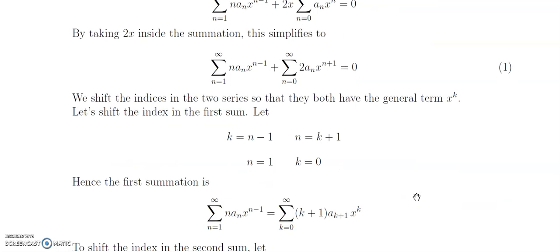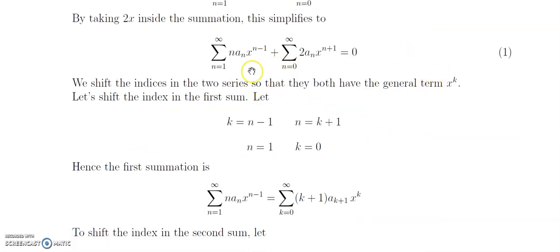Now we have this equation, and we need to write the sum of these two series as one single summation. In order to do this, these two series should have the same general term, x to the power k.